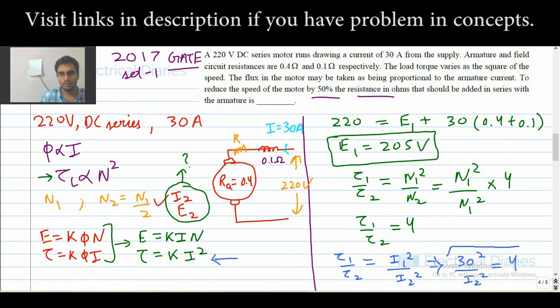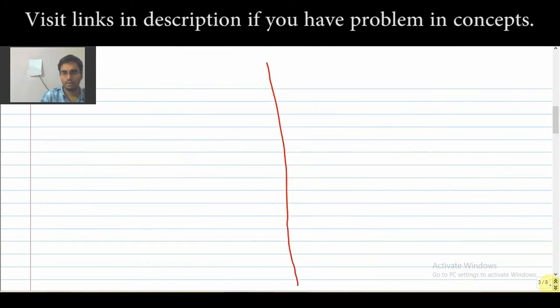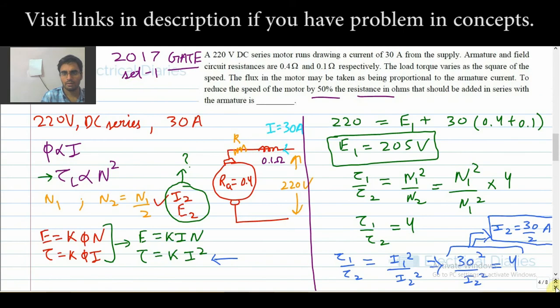So from here I get I2 as 30 by 2 amps. So I have found out I2 also. Now I have to find out E2. I2 I have, E1 I have, I have to find E2. I can easily find E2 using this relation. Let me write it down.